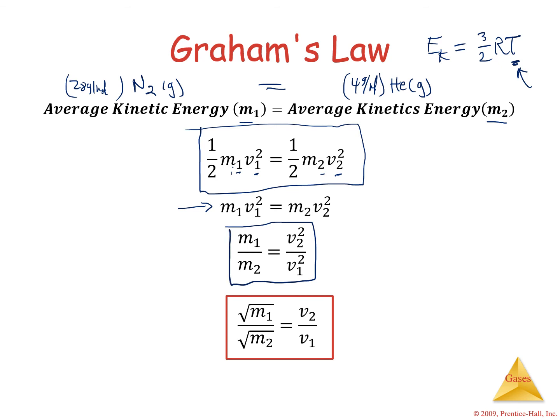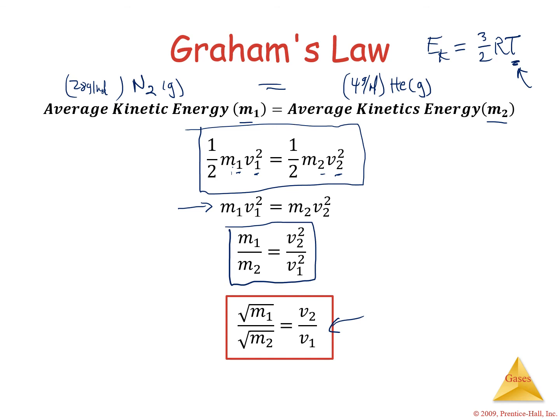If you're interested in finding the relative speed of the two molecules, depending on the mass, you can take the square root of the mass ratio, which must be equal to the velocity ratio.